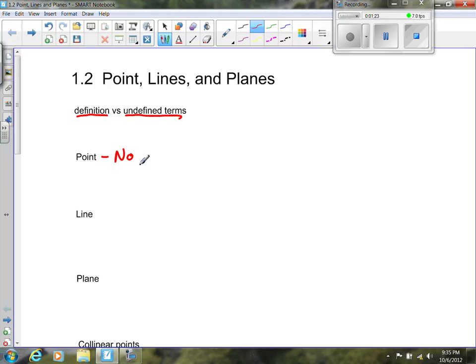And what we say a point is, it has no dimension. Okay, it has no dimension. Often it's a picture of a point, and we can label it. We use a capital letter, just one letter. Okay, that's the point A.